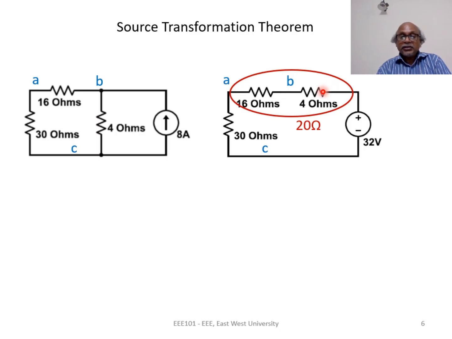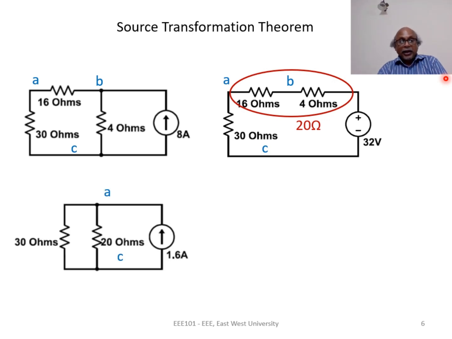When node B vanishes, this 20 ohms in series with 32 volts appear between node A and node C. We can make source transformation again. And when we do that, this 20 ohms appear between node A and C, and the parallel current source also appears between node A and C. The value of the current source is 32 volts divided by 20 ohms, which is 1.6 ampere. 20 ohms and 30 ohms are in parallel.